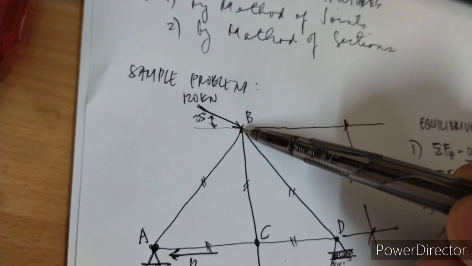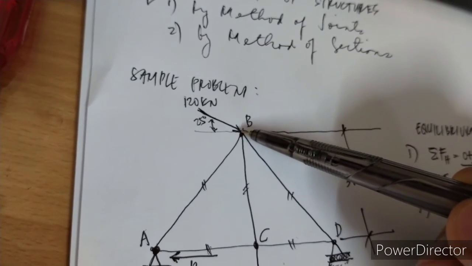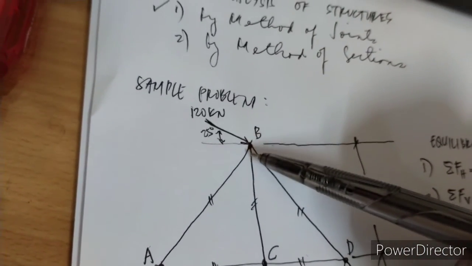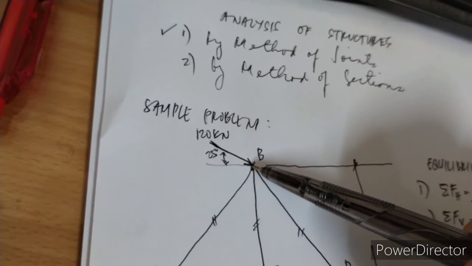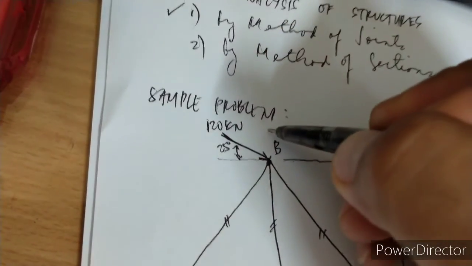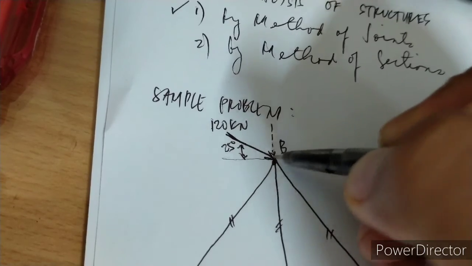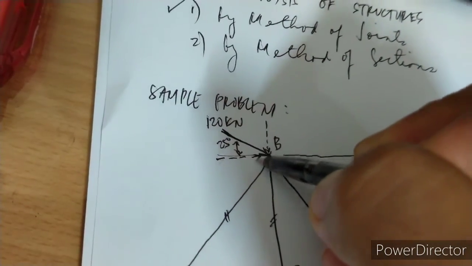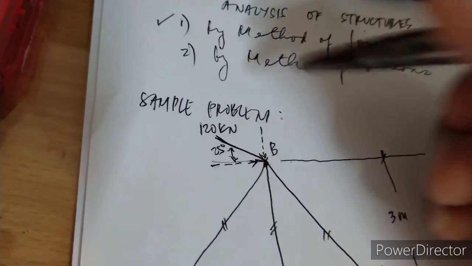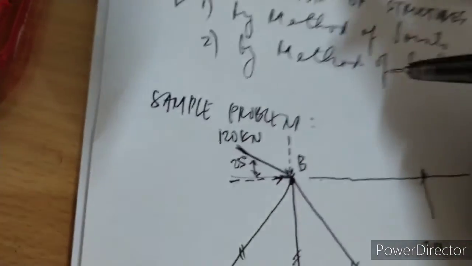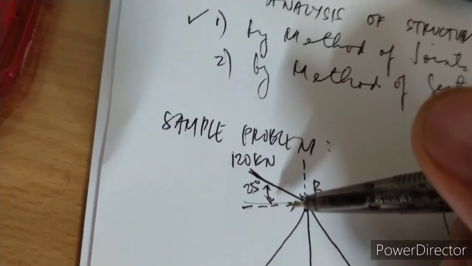Since, as I've said earlier, what is necessary in analyzing trusses is that you need to have the vertical and the horizontal components of any force acting diagonally. So you need to plot, for you to have a guide.